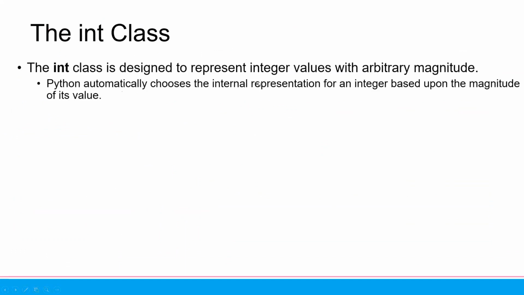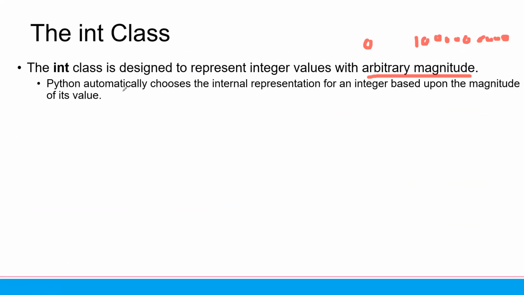Integer class. The integer is designed to represent integer values with arbitrary magnitude. Arbitrary magnitude means you can start from a very small number like 0 up to 1 million or maybe 1 billion. So you can use anything.